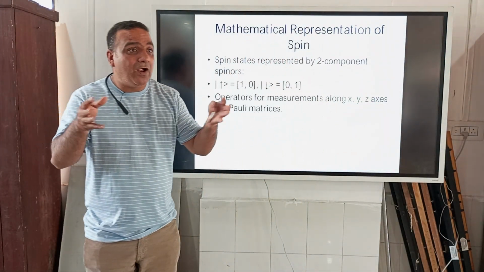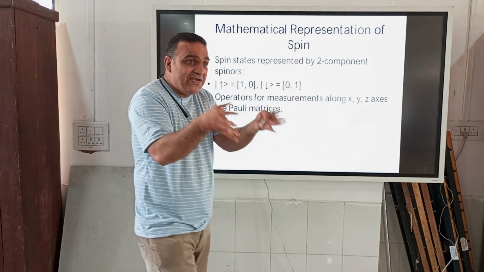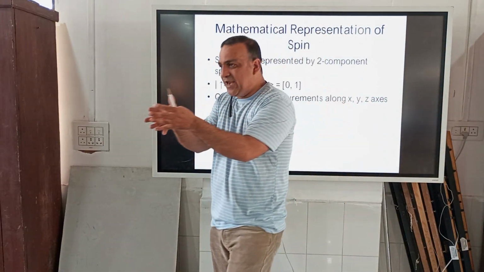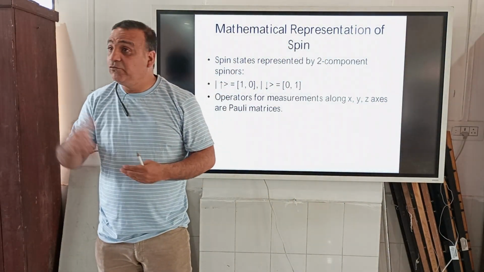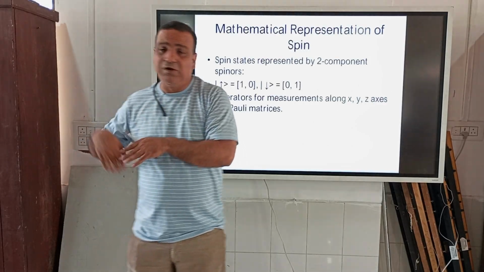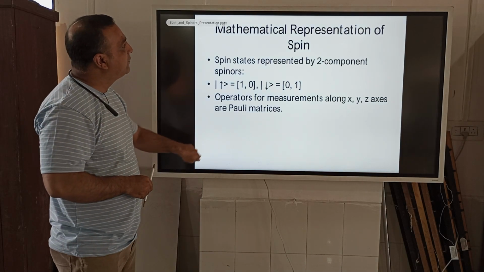They are operators. They are operators in the form of matrices. They act on your spinors, and they give you a transition. They give you the transformation of the spin. They tell you how the spin makes the transition from one state to another state.